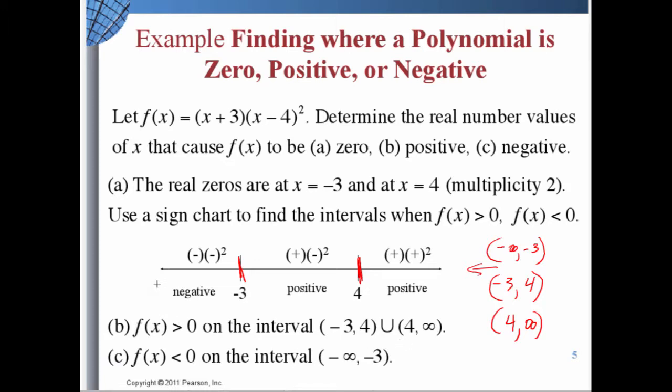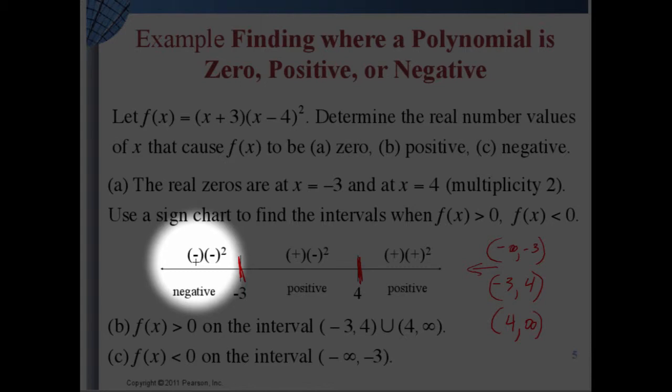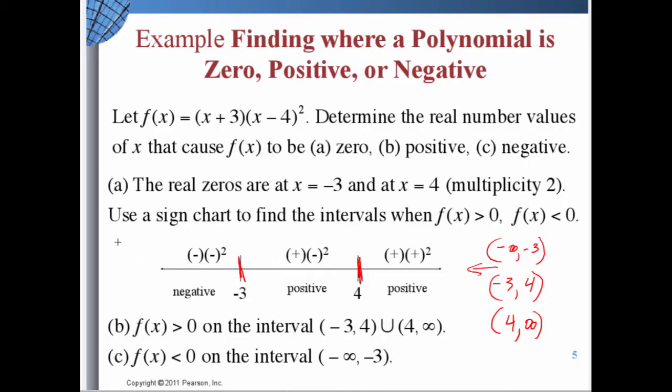Now what we do is we take our sign chart, and you can see this little notation here. We're going to choose a test value from the interval. So choose a value of x that's less than negative 3, like negative 4, and substitute that value into your function and determine for each factor whether it's positive or negative.